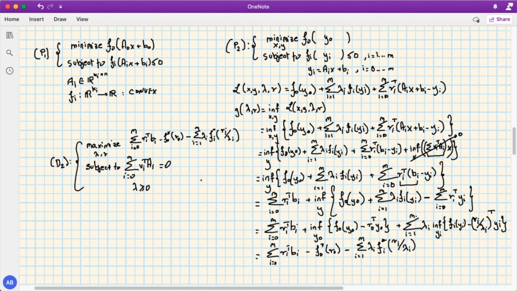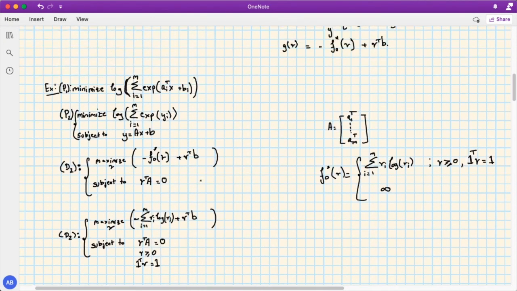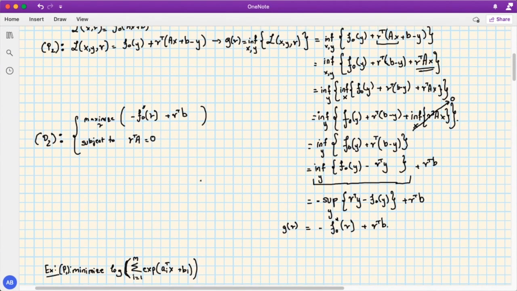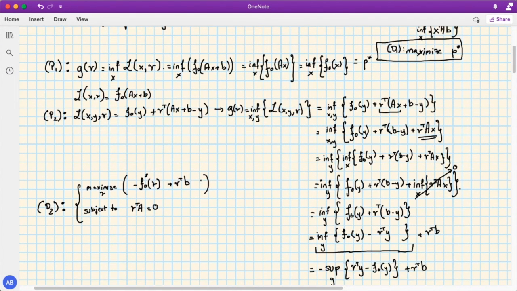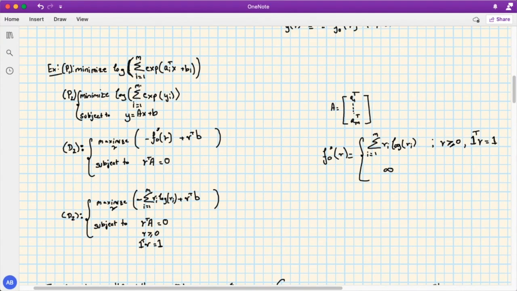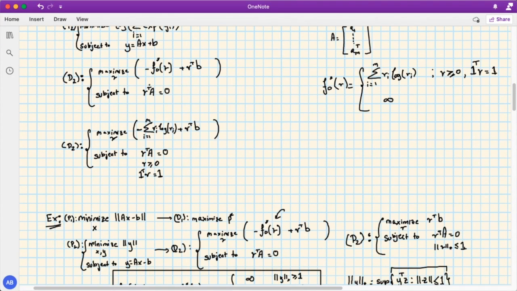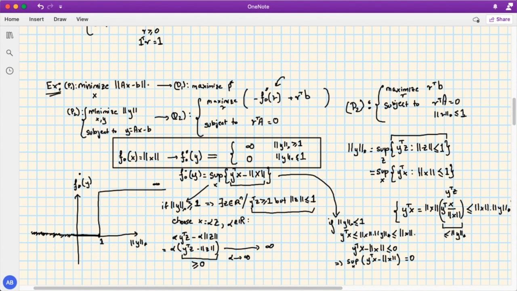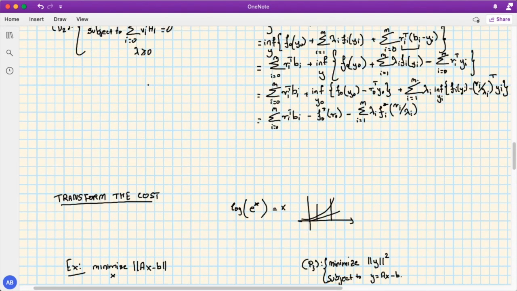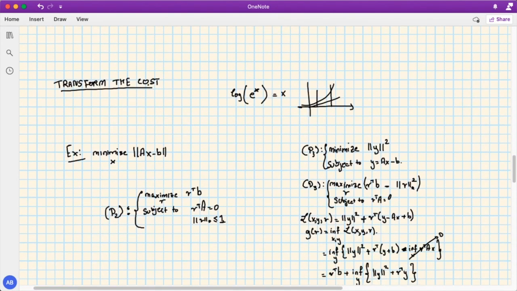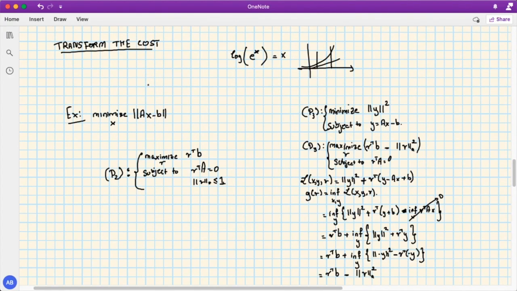We gave examples on the log-sum-exponential cost and the norm minimization problem. So that's the first way of doing equivalent reformulation, through introducing variables to the problem. The second way is transforming the cost into something that is an increasing function of the cost.